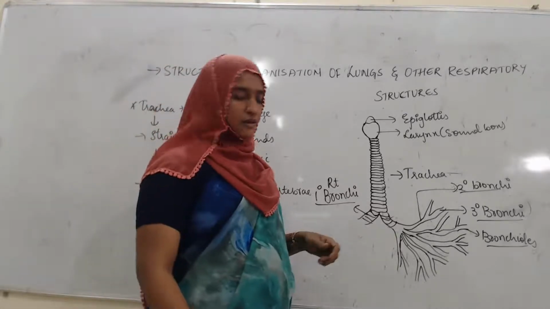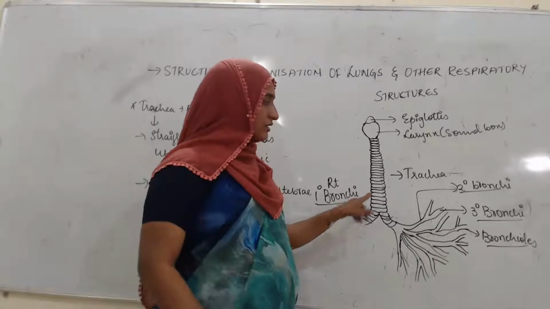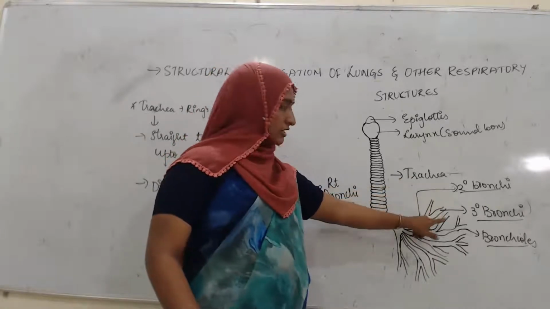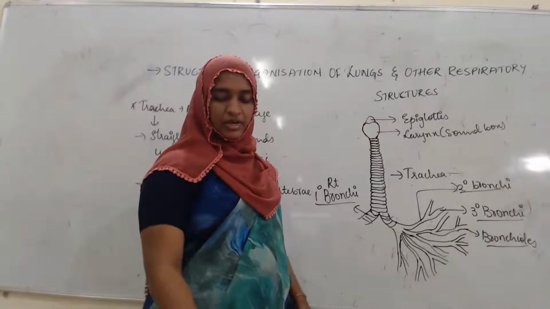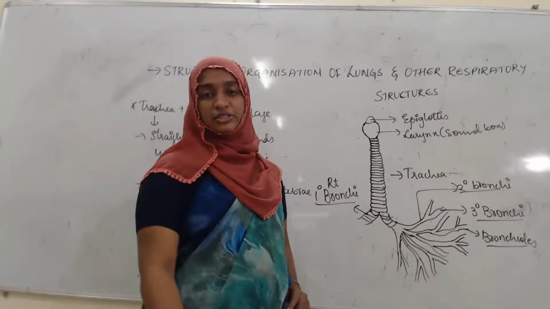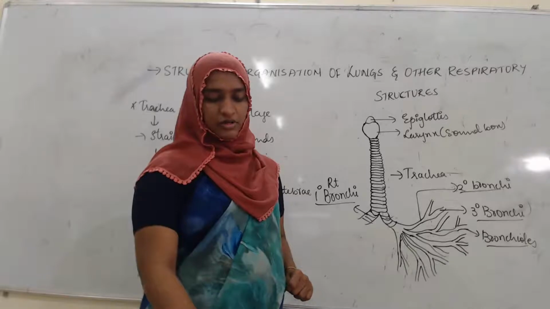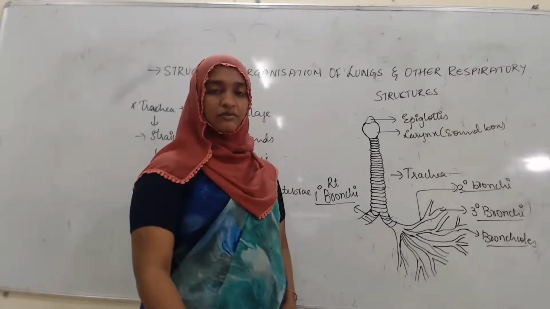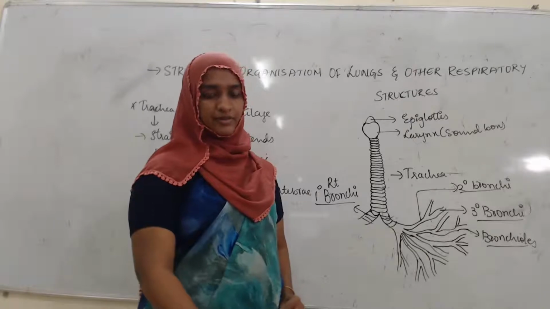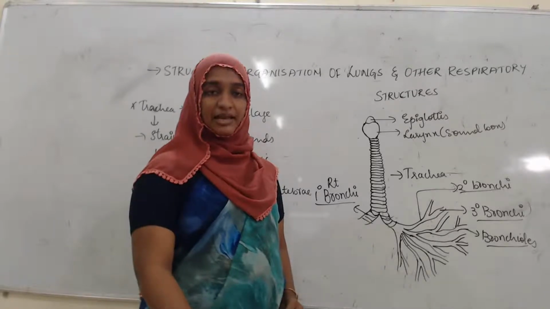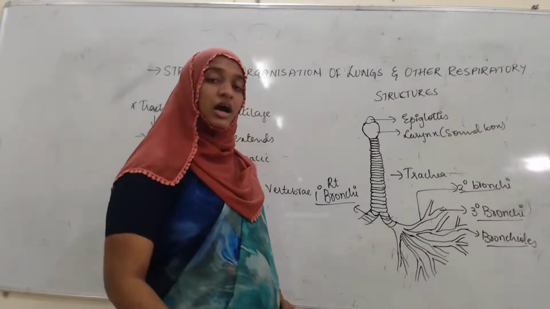The trachea, primary bronchi, secondary bronchi, tertiary bronchi, and bronchioles are supported by incomplete cartilaginous rings. Each terminal bronchiole will give rise to a number of very thin, irregular walled and vascularized bag-like structures called alveoli.